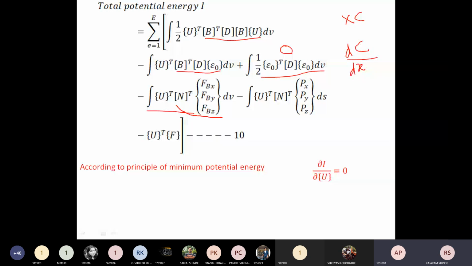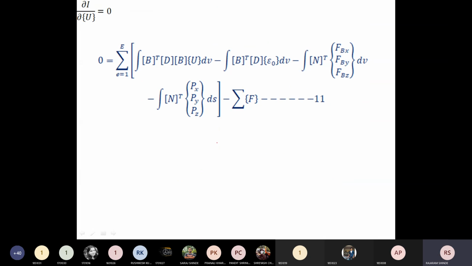Again this term is constant, na, because we are differentiating with respect to u. It is n transpose fbx fby fbz. Now the same thing is here, n transpose px py pz, and here it is only f, that is force. Have you got it? Yes, sir, you will get these derivatives.